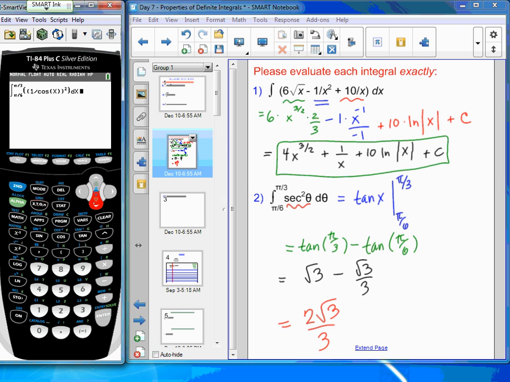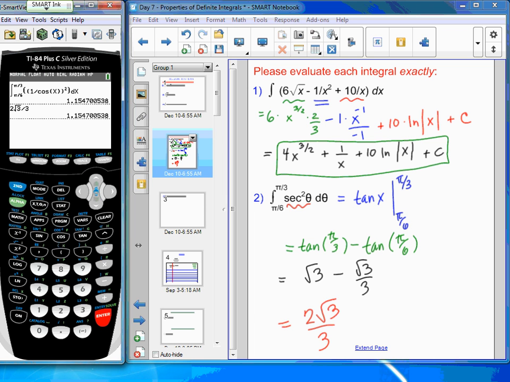Take a minute and make sure you're comfortable with your math type or your classic. If you're doing classic, you'll just do math 9, it'll say fint, you'll do expression, secant squared x, comma, with respect to x, comma, lower limit, comma, upper limit, right paren, enter. In either case, we should get a decimal approximation, and I wanted to see if my 2 root 3 over 3 was equivalent to that decimal, and how do we do?